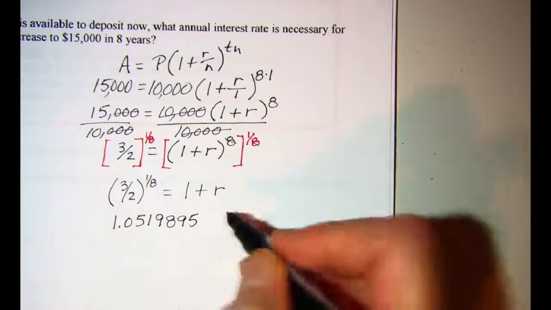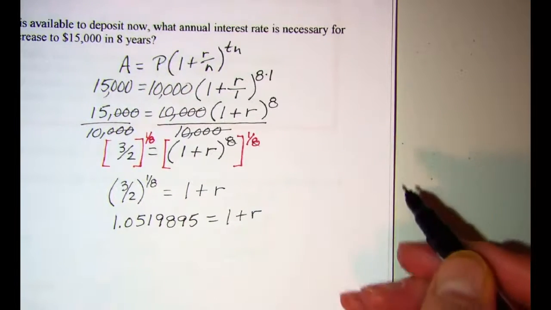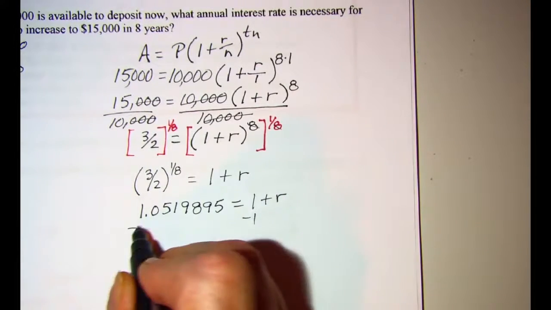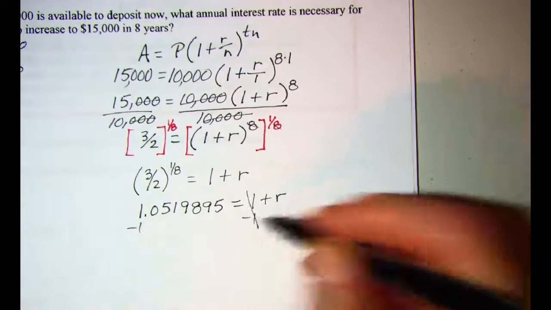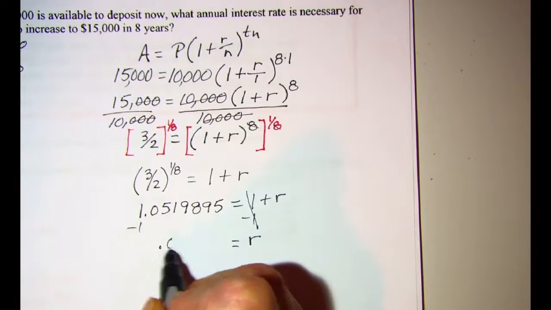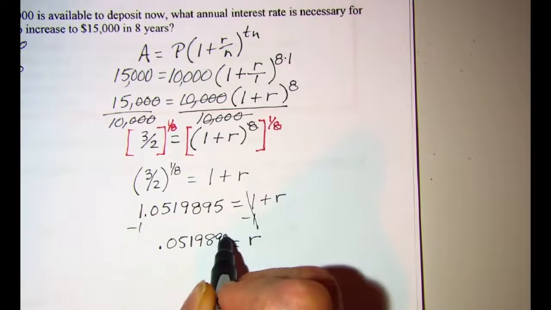Now that expression is 1 plus r. So subtracting 1, that'll be the last thing we need to do to isolate our r. So we have 0.0519895.